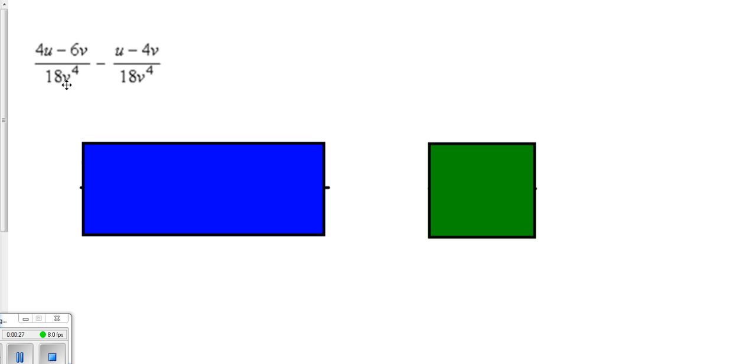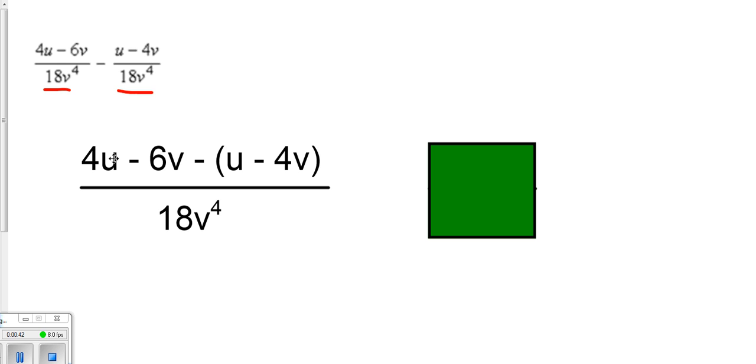We've got 18v to the fourth and 18v to the fourth as our denominators, so we have a common denominator already built in. Now we just look at our numerators and we subtract them. So we have 4u minus 6v, that was this numerator, subtract this whole numerator of u minus 4v.